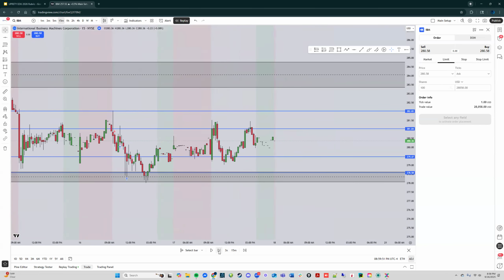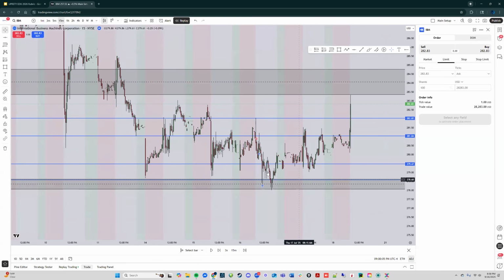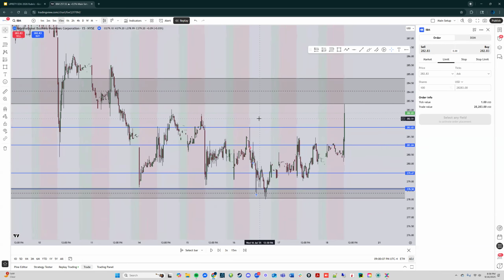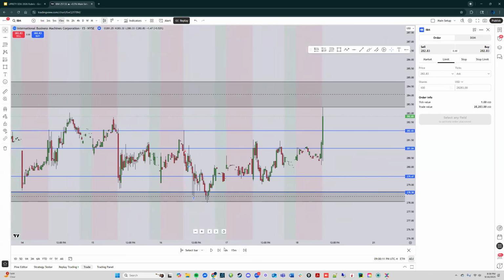We don't trade on the green and the red. Okay, market just opened up. Once again, you guys can say long or short whenever you guys are ready.